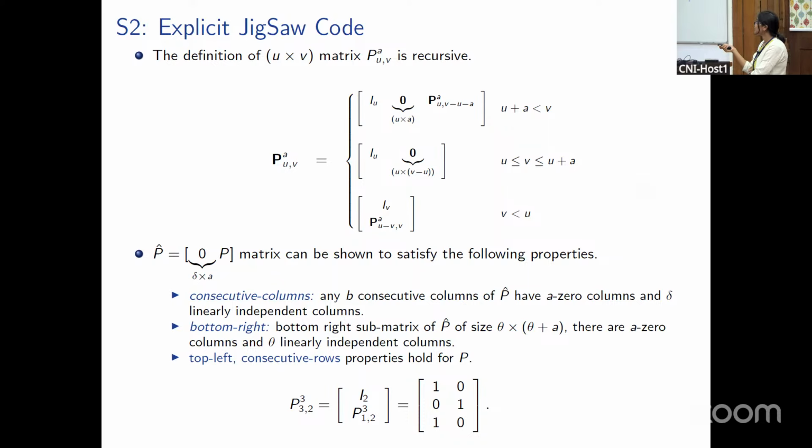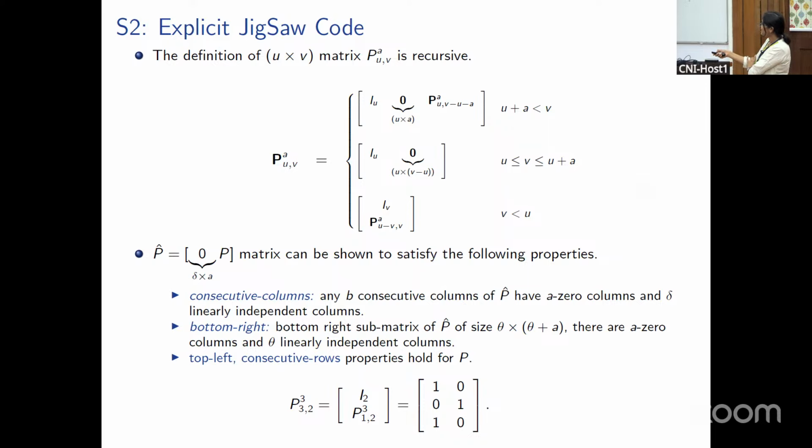There is this consecutive columns property, where if we look at any B consecutive columns, we will see that it has A 0 columns and delta linearly independent columns. So we always want these A 0 columns available to us when we are looking at that submatrix. The other property is the bottom right property, which needs that a theta cross theta plus A submatrix has A 0 columns and theta linearly independent columns. And there are similar properties like the top left and consecutive rows properties.